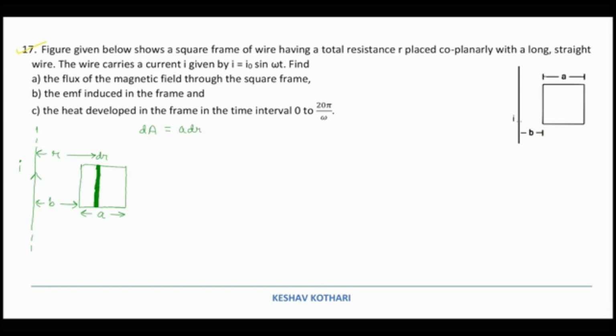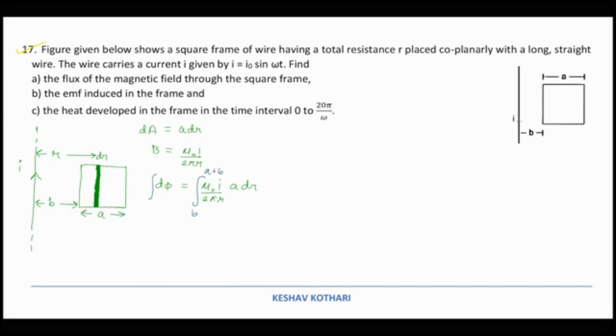Now the magnetic field due to the current carrying wire can be written as mu naught I upon 2 pi r. So the value of flux associated with this small patch or small area is equal to mu naught I upon 2 pi r a dr, and now we are integrating both sides. The limit of integration is from b to a plus b.